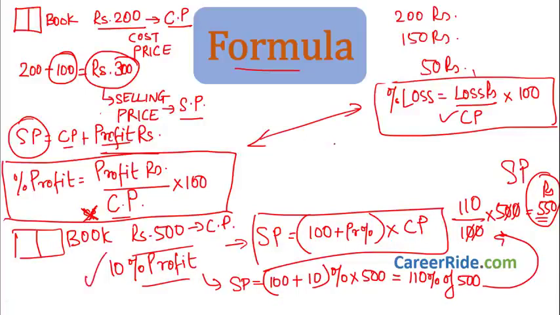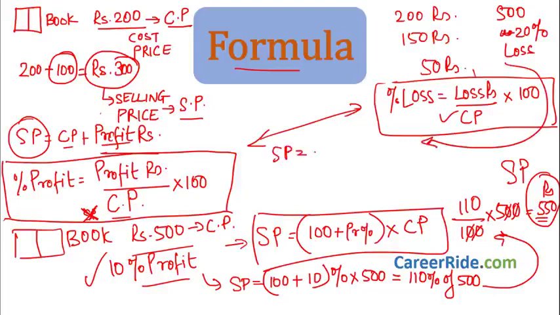Same way for loss, if someone says the cost price of a book was 500 rupees and I sold the book at a 20% loss, at what price did I sell the book? Selling price would be 100, that is the maximum percent. Since loss means we have lost money, so we subtract, exactly opposite of profit, loss percent multiplied by cost price, just like the previous formula.